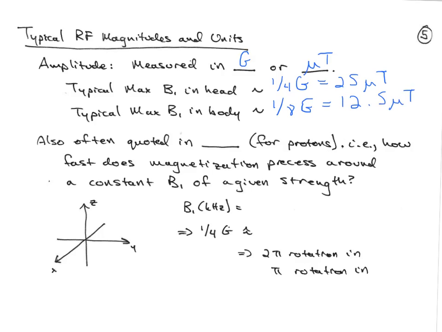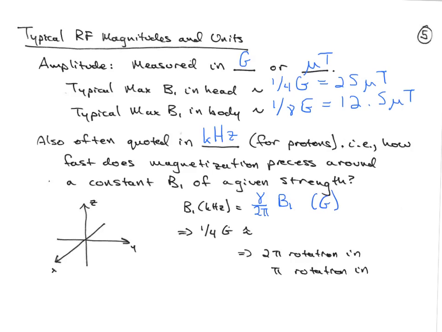Okay? The other thing that folks quote this in, especially in NMR, is in units of kilohertz for protons. That is, how fast does the magnetization precess around a constant B1 of a given strength, right? To see that, we can express B1 in kilohertz as being equal to gamma over 2 pi, the gyromagnetic ratio, which converts field strength to frequency, times B1, which is in units of Gauss.